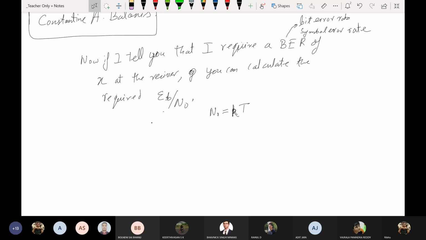This we did in the previous semester. Boltzmann constant and temperature.